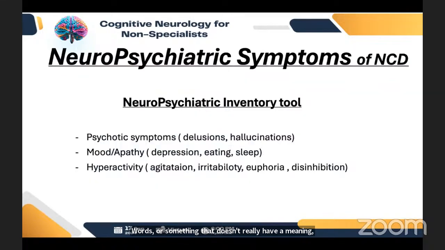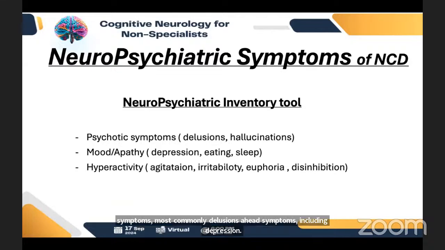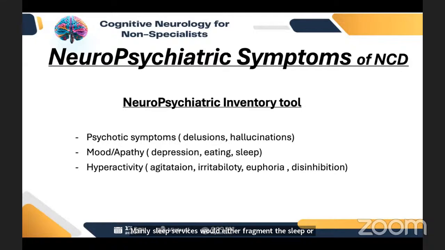After that, the Neuropsychiatric Inventory covers another set of symptoms, including psychotic symptoms, most commonly delusions and hallucinations, which are very disturbing symptoms, and mood symptoms, including depression, eating disturbances, and sleep disturbances, with either fragmented sleep or difficulty falling asleep, which is very prominent at the beginning of the illness.